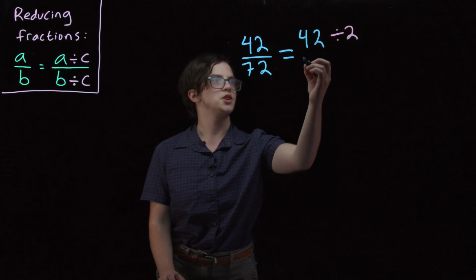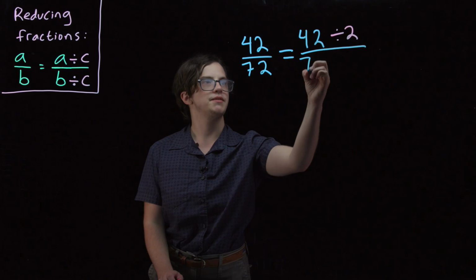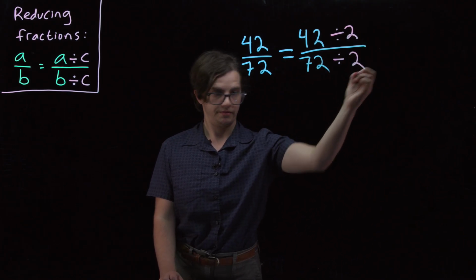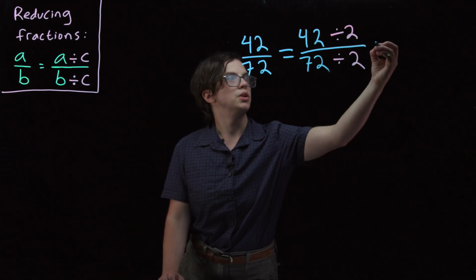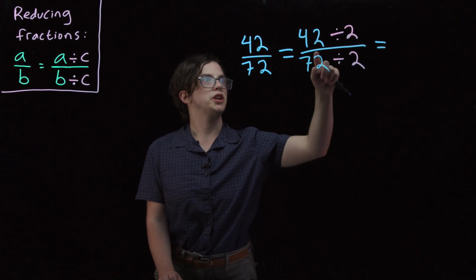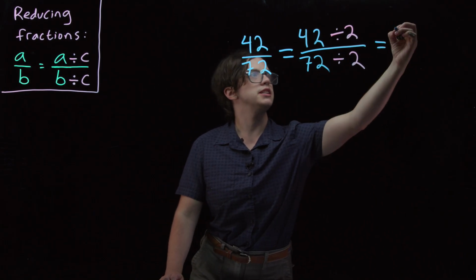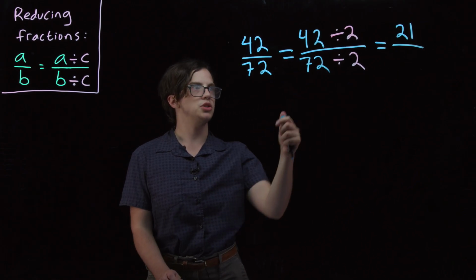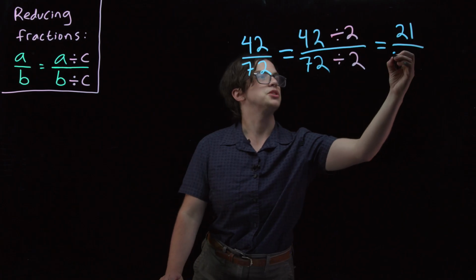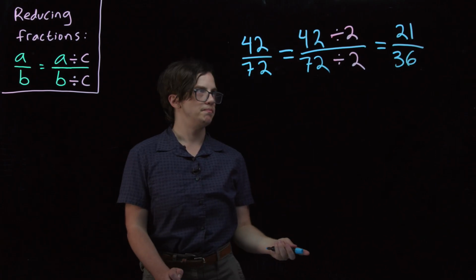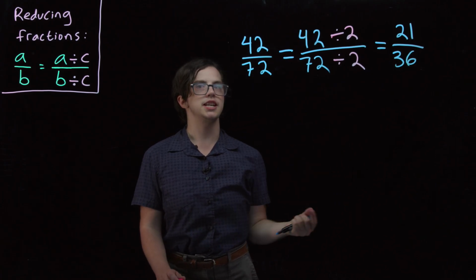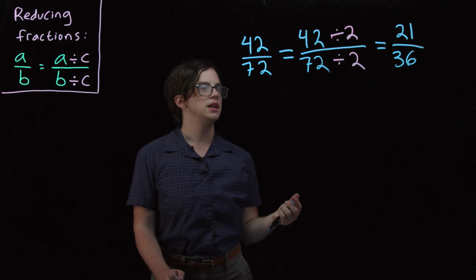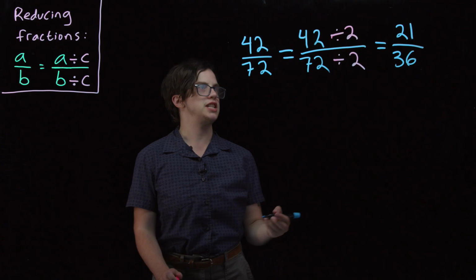And then in my denominator, I have 72 divided by 2. So my numerator of 42 divided by 2 is 21. In my denominator, 72 divided by 2 is 36. So 21/36 is an equivalent fraction to 42/72, but it's not a fully reduced fraction yet.